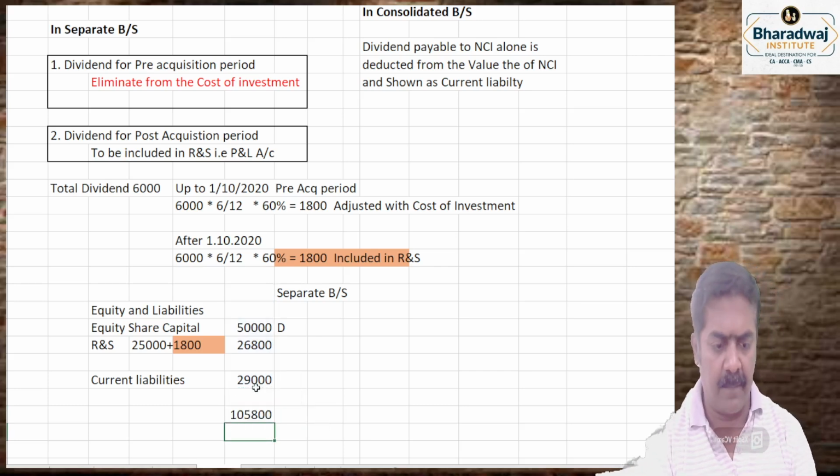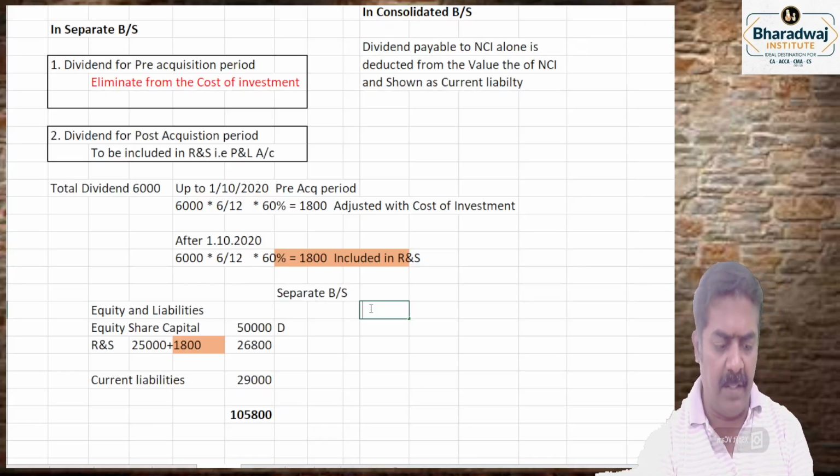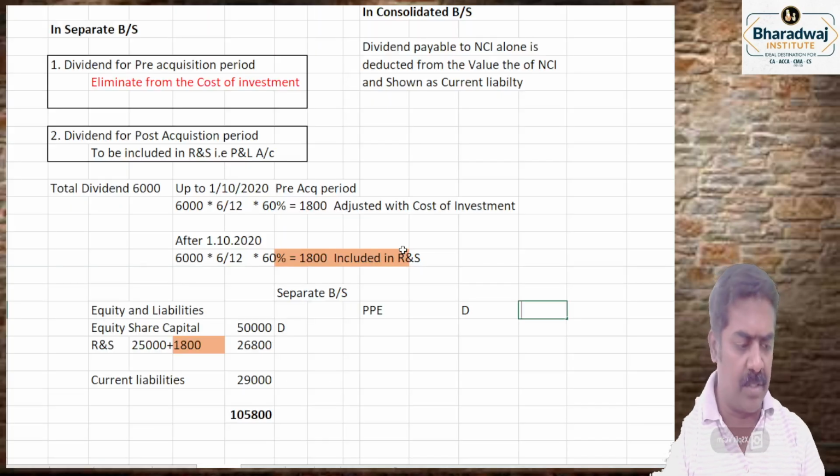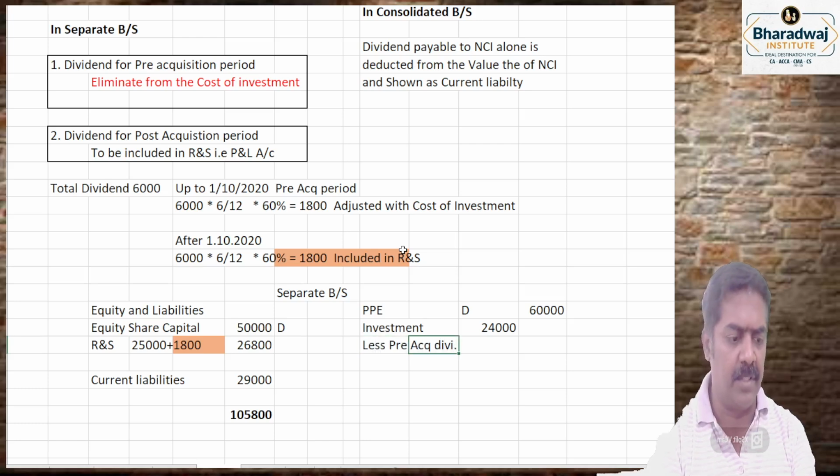Separate balance sheet. On the asset side, PPE, only D. How much is PPE of D? 60,000. Investment: 24,000 less pre-acquisition dividend.